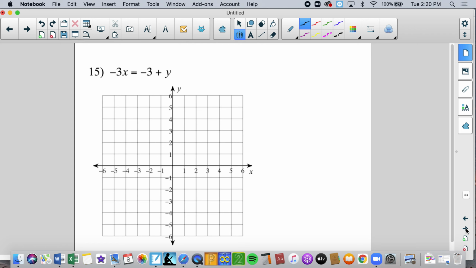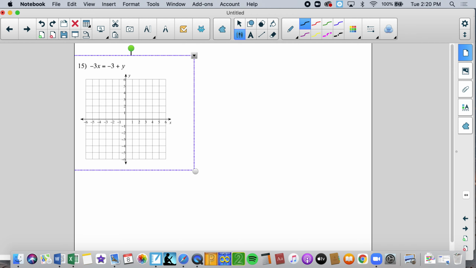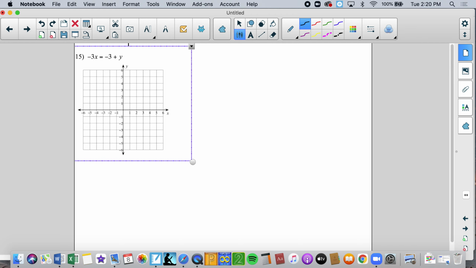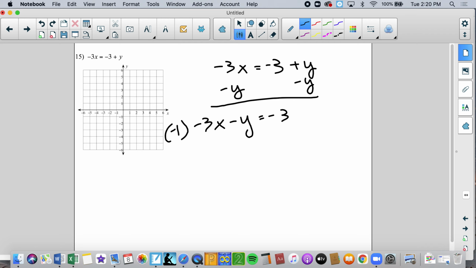And number 15. Number 15 is not in standard form. It is negative 3x equals negative 3 plus y. Let's move the y over. That gives me negative 3x minus y equals negative 3. My a is not positive, so that gives me 3x plus y equals positive 3.